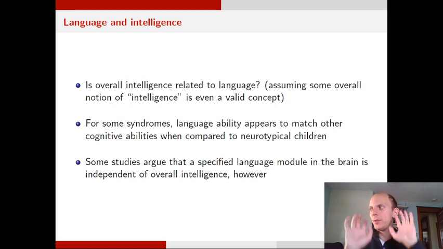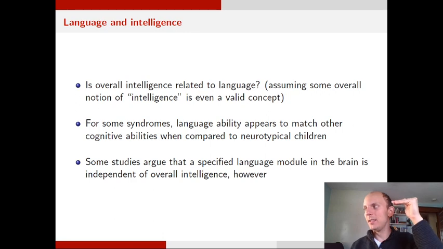It's viable to be skeptical about whether general intelligence is even a real thing or not. But for the sake of argument right now, let's assume that it is, and wonder to ourselves, if we boost somebody's overall intelligence, would we also boost their linguistic abilities?